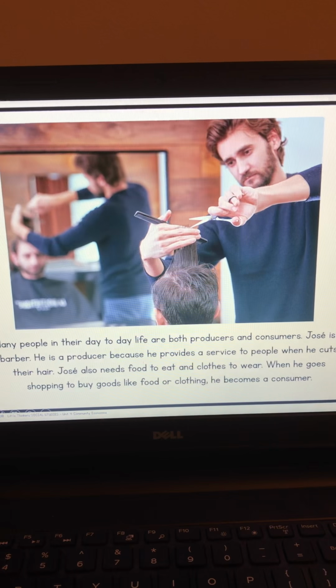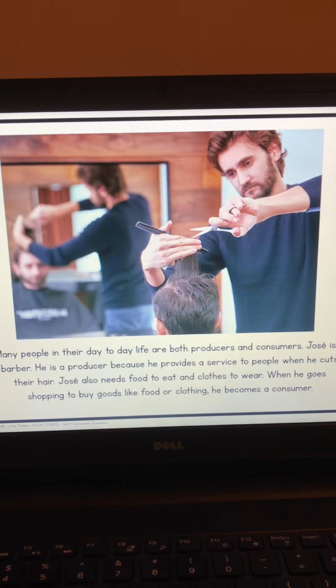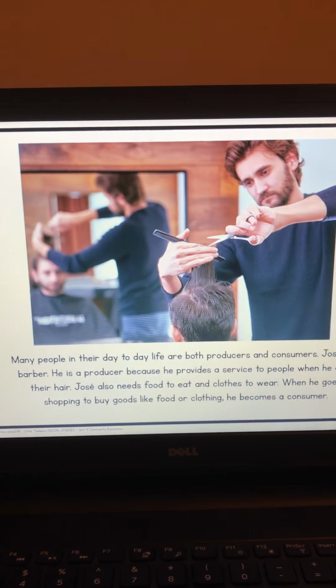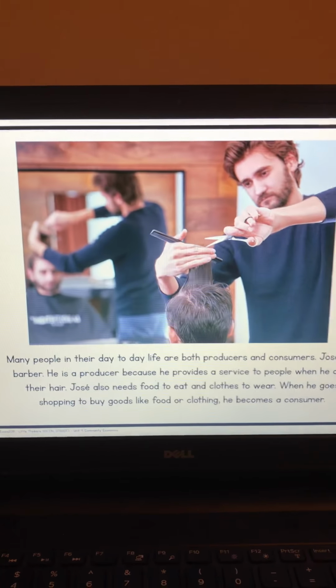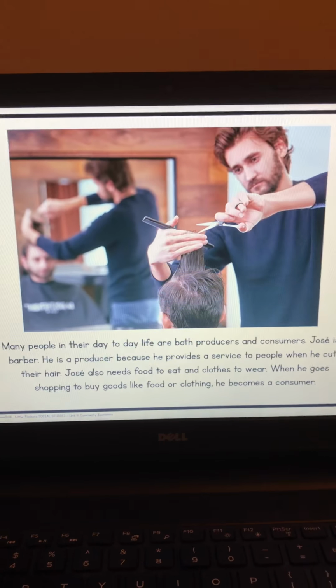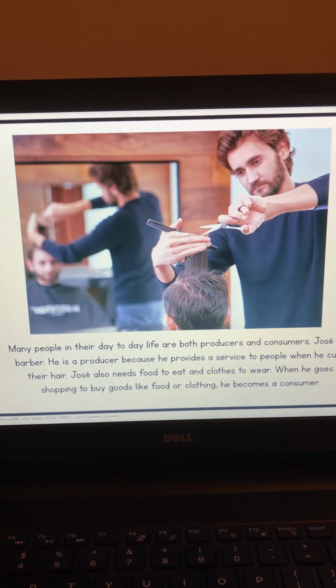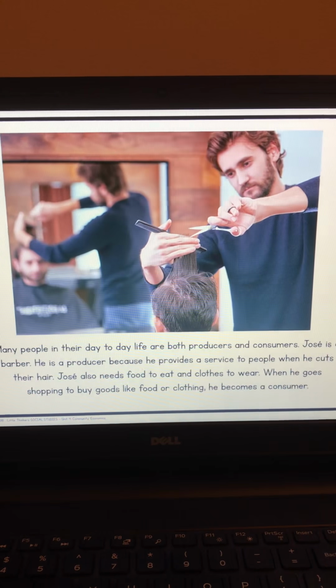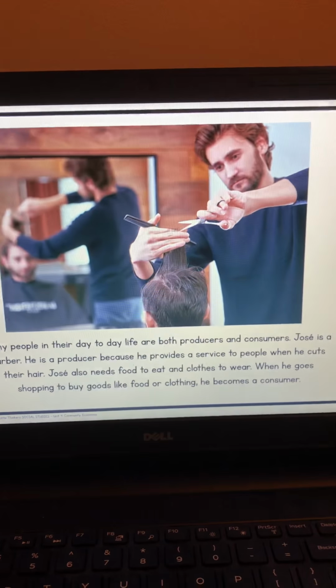He's actually a consumer because he's paying money for the pizza and eating it. So people aren't all producers or all consumers. Sometimes you're a producer and that's how you make money. And with that money, you become a consumer. So with that money, you buy things, making you a consumer.